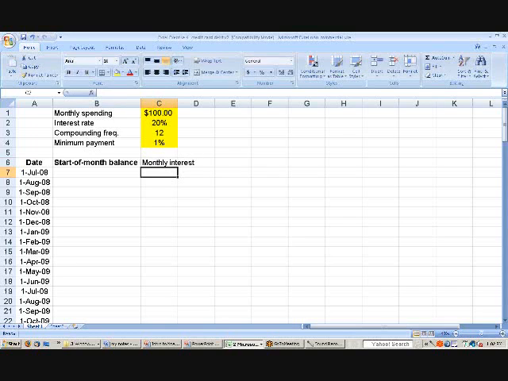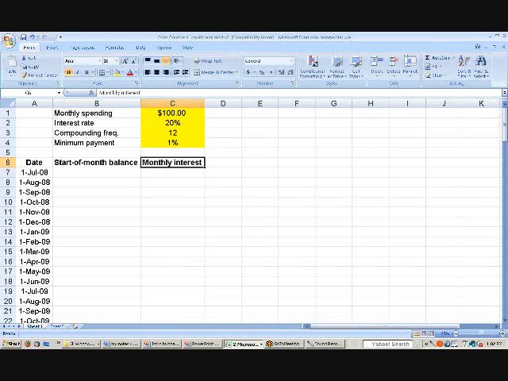This is interest expense, whereas in the past we've been looking at money that you've saved and interest that you earn on those savings. Here we're looking at money that you owe somebody, and so it's an interest expense. We're going to have monthly spending.